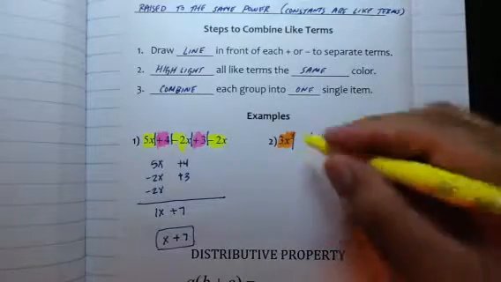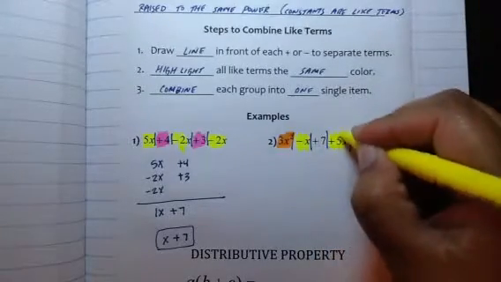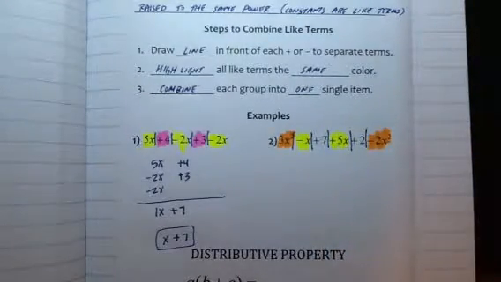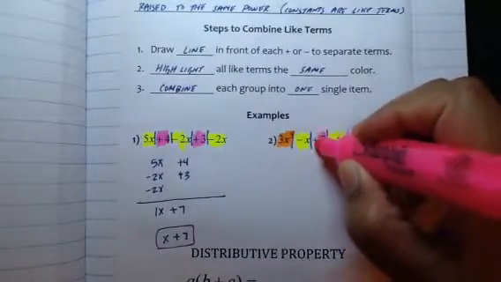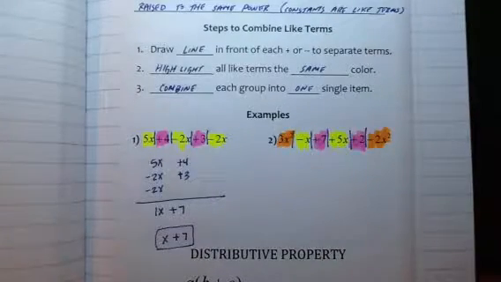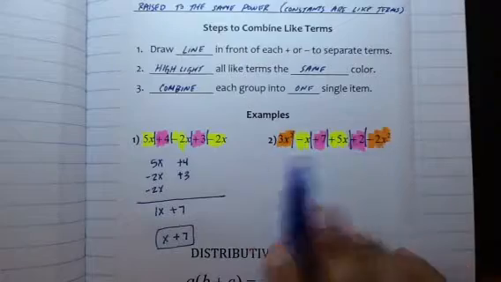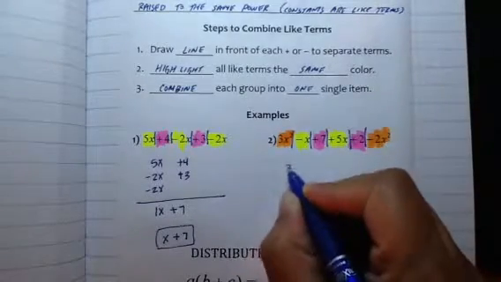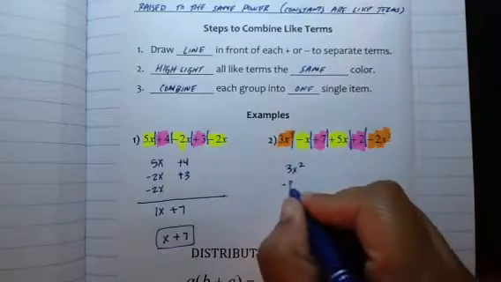Now I'm going to highlight the x's. And then the last, I will highlight the coefficients. Sorry, not the coefficients, the constants. So I'm going to look at the orange first. So I have a 3x squared minus 2x squared.